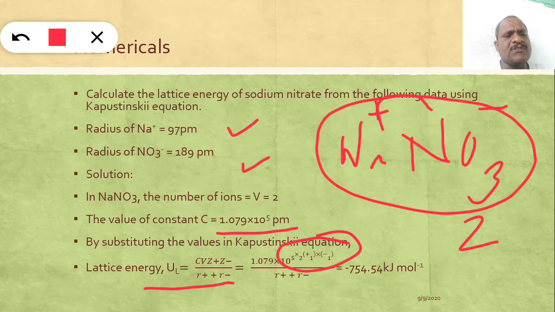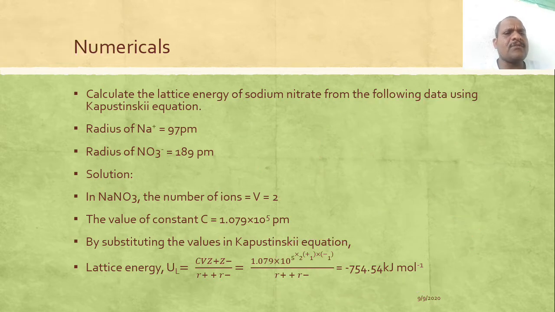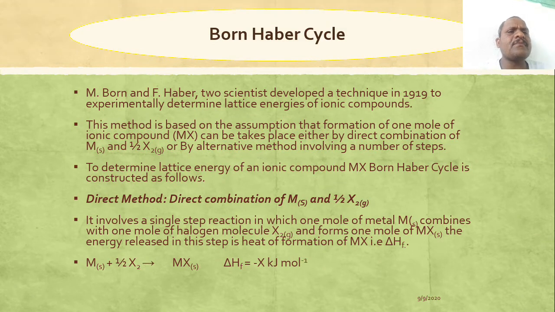If you substitute all these values, then you will get the value minus 754.454 kilojoule per mole. That much amount of energy is released during the formation of NaNO3 crystals according to the Kapustinskii equation. So this is a very simple way to calculate the lattice energy.